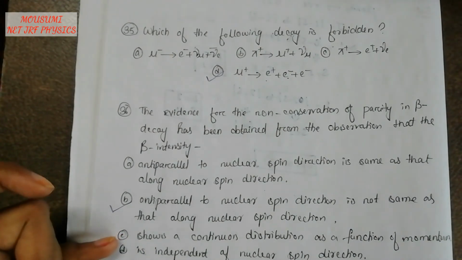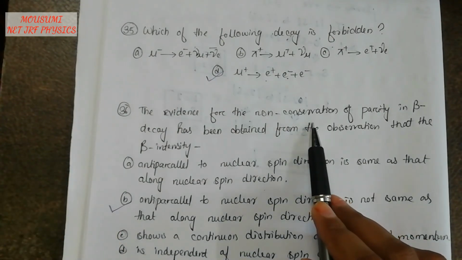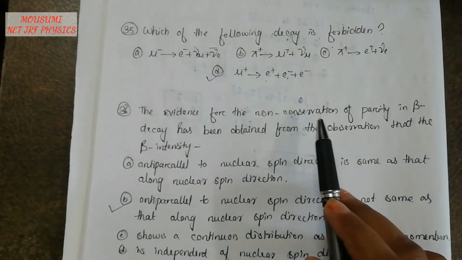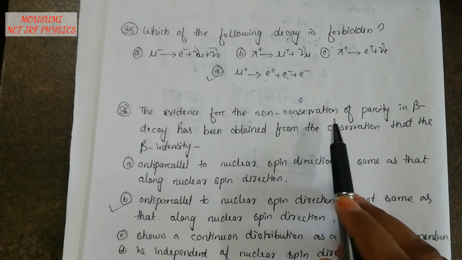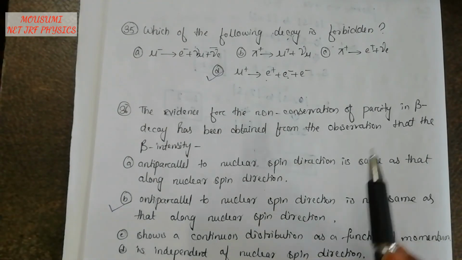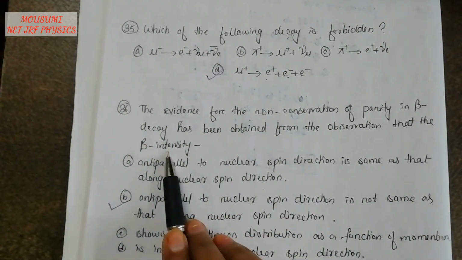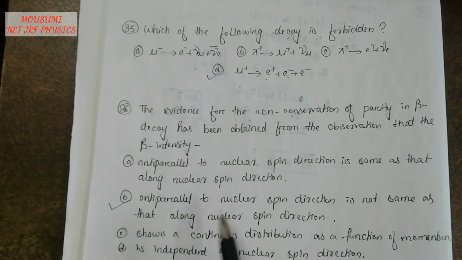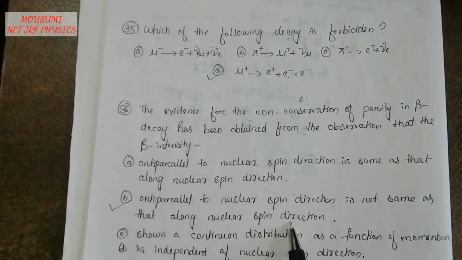So without reading the third and fourth options, we already know that in beta decay, the evidence that parity is not conserved is due to the condition that the beta intensity anti-parallel to the nuclear spin direction is not the same as that along the nuclear spin direction.